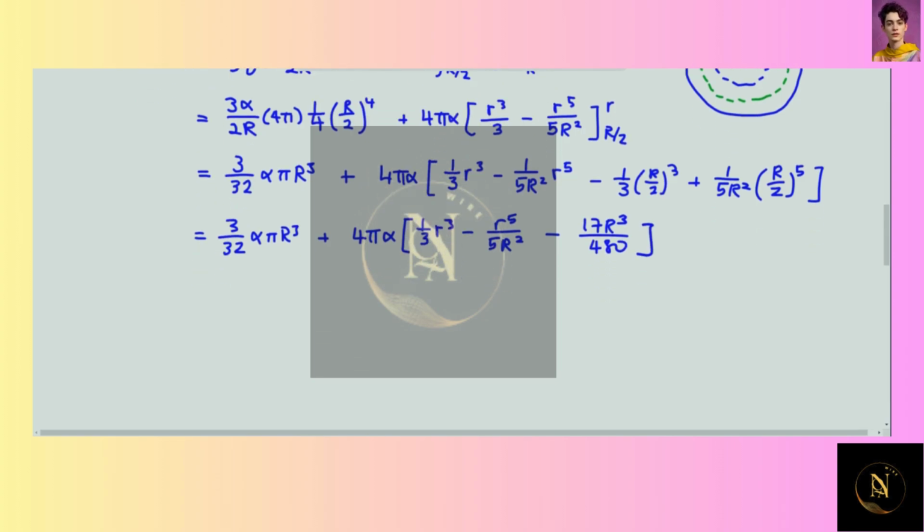Okay, I'm going to put the alpha later. So 3 over 128, I'm going to insert 4 pi here.